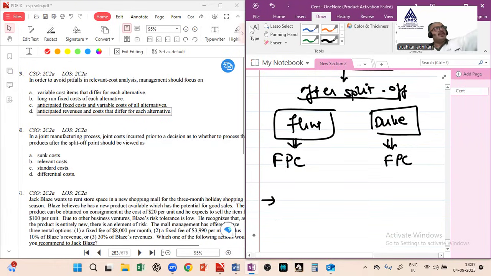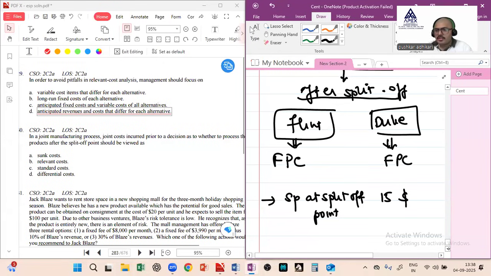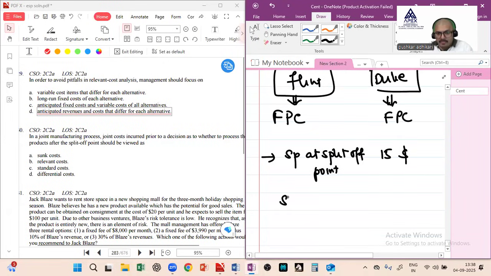We might even change the order of questions if I feel like. Now please pay attention to what I'm trying to say here. Suppose the selling price at split off point is, say, $15. But the selling price after split off is, let us say, $21.